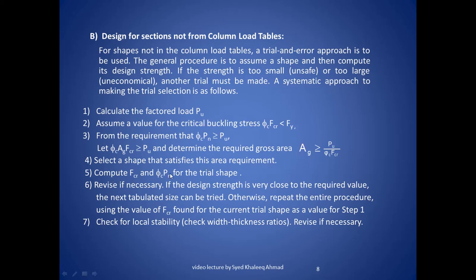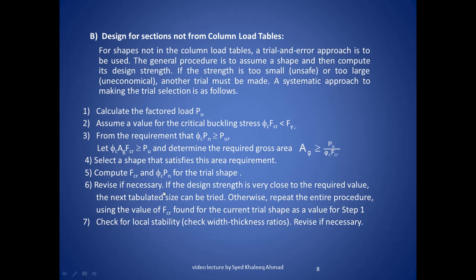Then based on that section we will compute the values for Fcr and phi c Pn for the trial shape. Revise if necessary: if the value of phi c Pn is sufficient, it is more than the Pu value, that means design is safe, otherwise you will repeat the steps.